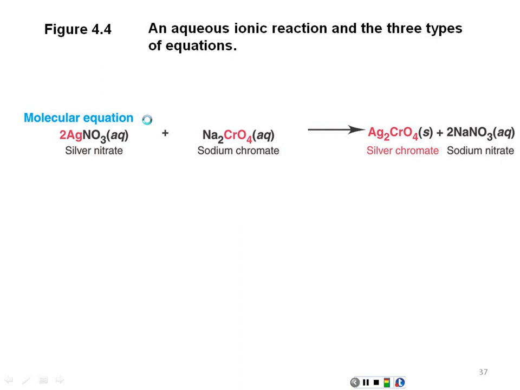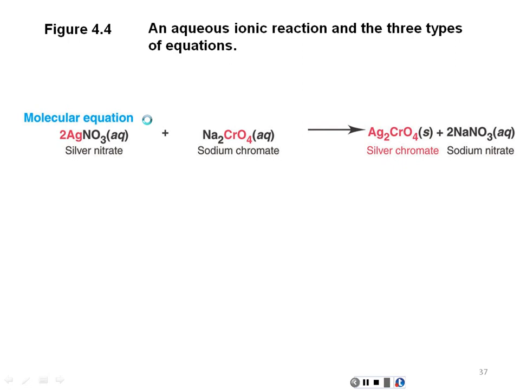Figure 4.4 in your book illustrates aqueous ionic reactions in the three types of equations. So you have the molecular equation, silver nitrate, sodium chromate, going to silver chromate solid, and sodium nitrate aqueous. Here we see that the forming solid silver chromate is written in purple, the rest is in black.